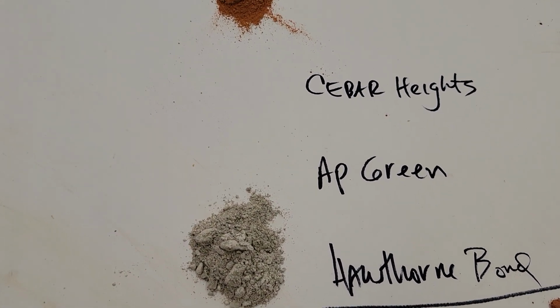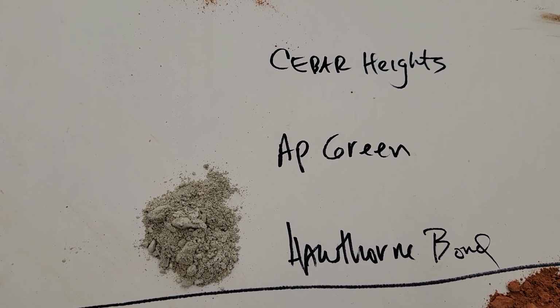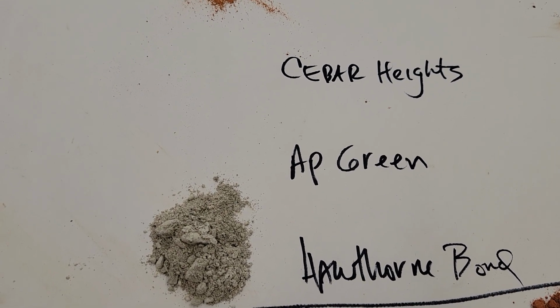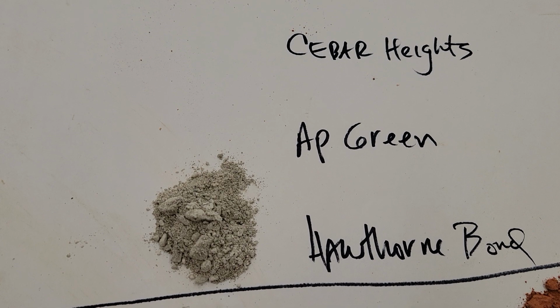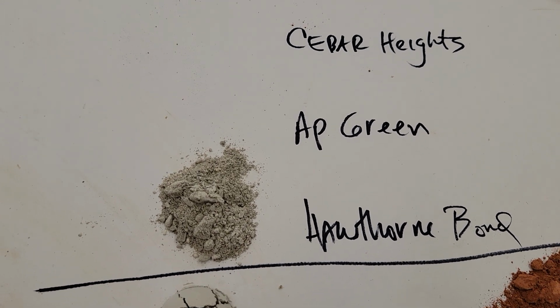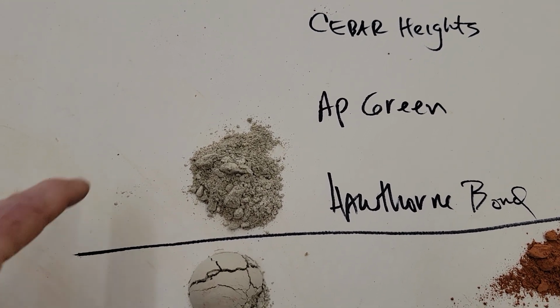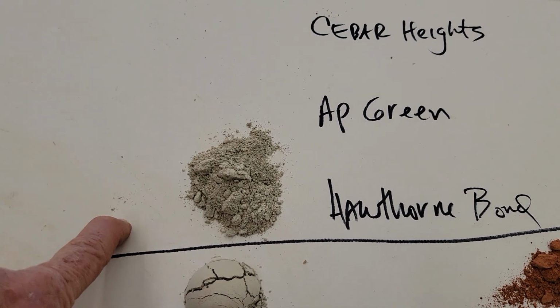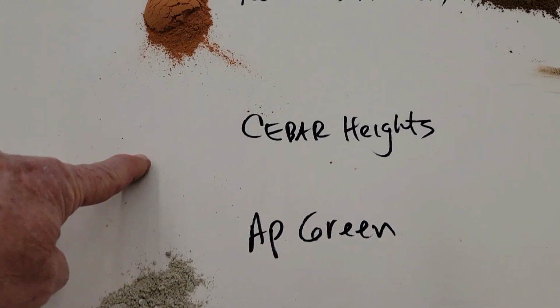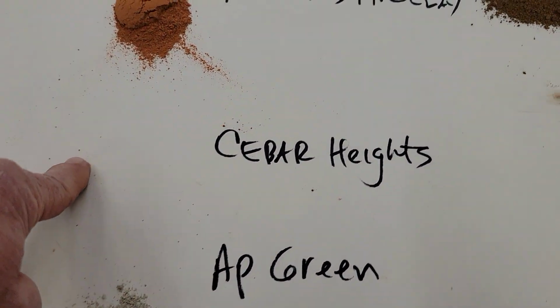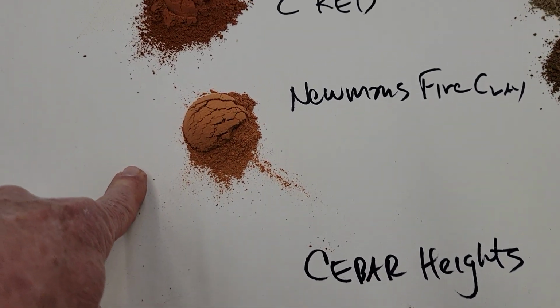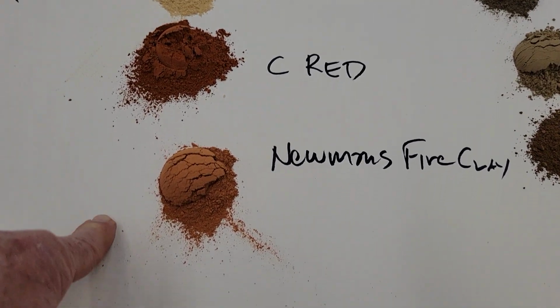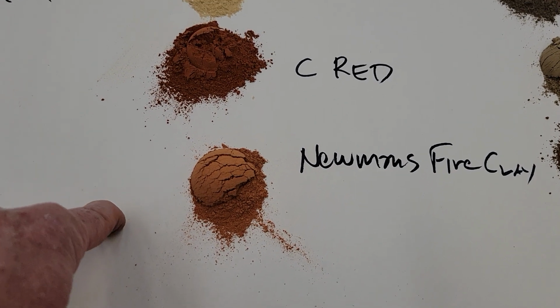We would complain too much about calcium chunks and stuff, and in the brick industry they don't really care that much. So we don't have a lot that we can get, but I know you can get Hawthorne Bond 35 and 50 mesh. Cedar Heights is a common one, but I don't have a sample of it. I know Newman's is a fire clay. I'm not sure if that's still available.